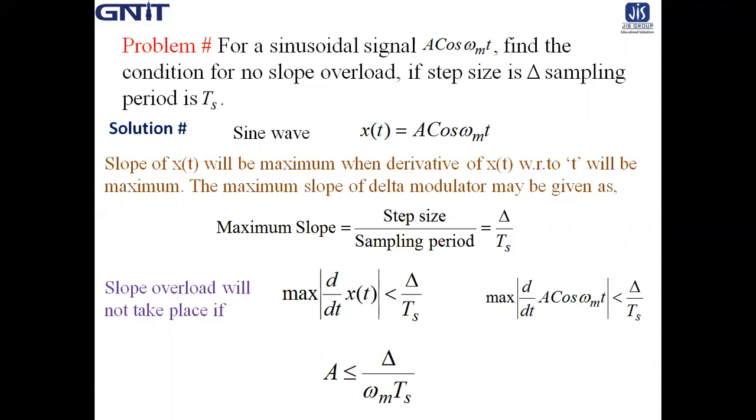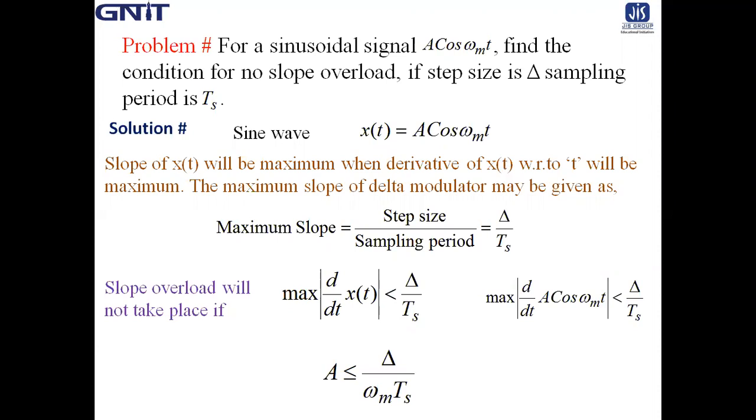So the sine wave is x(t) equal to A cos omega m t. It may be noted that the slope of x(t) will be maximum when the derivative of x(t) with respect to t will be maximum.